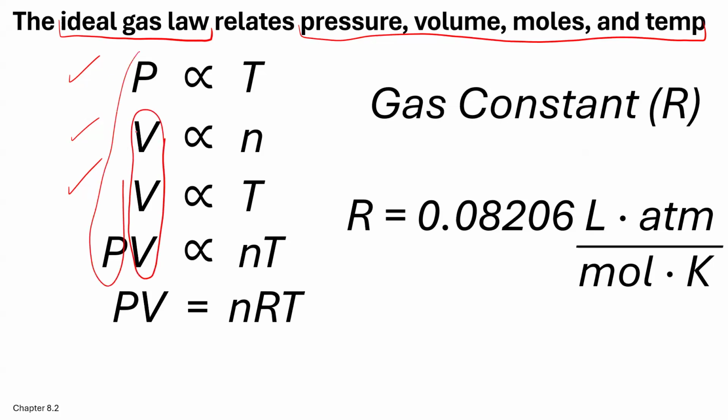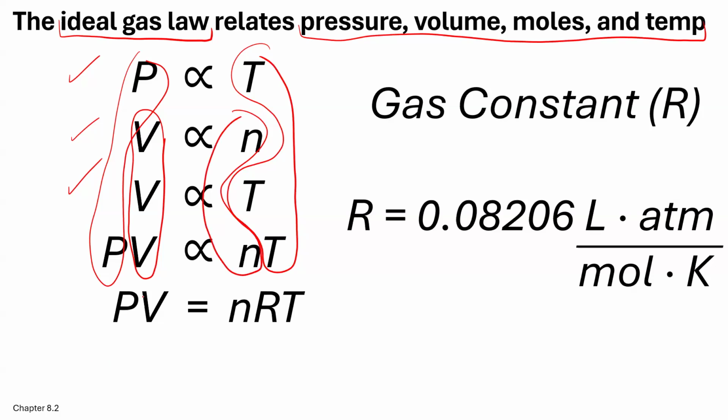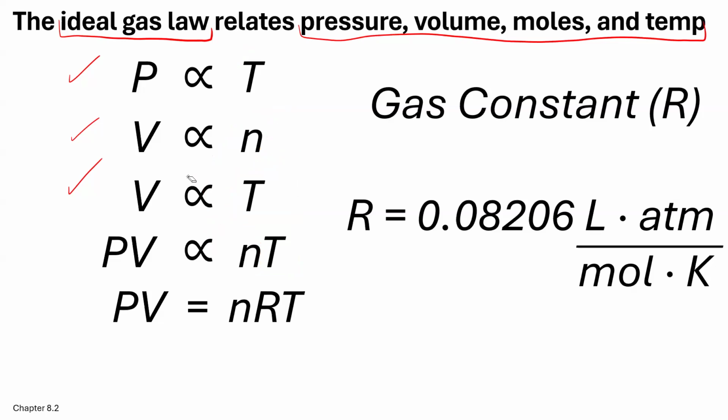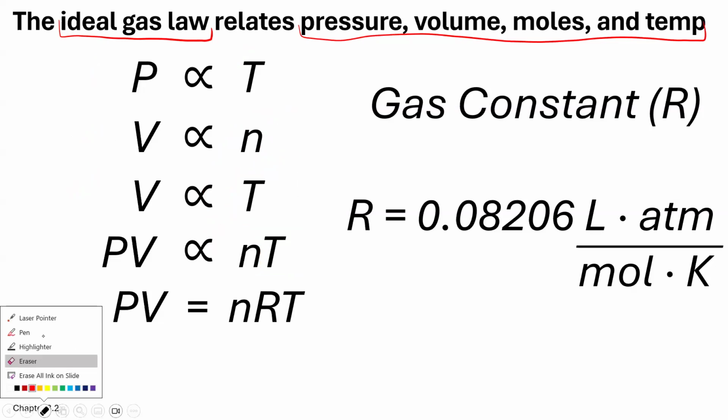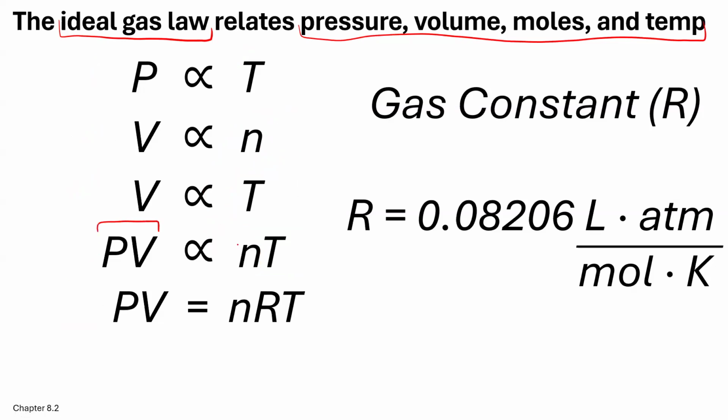All the P's are on the left side. All the T's are on the left side, right? And all the N's are on the right side. So you put them together and you get pressure and volume are proportional to moles and temperature.